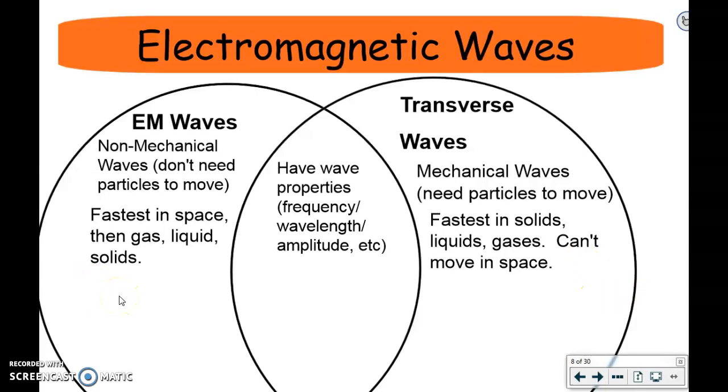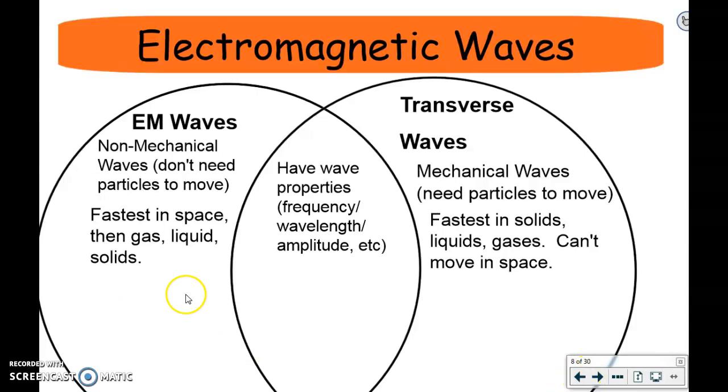However, because EM waves are pure energy and they don't require actual particles, they move the fastest in space. Then they slow down a little bit in a gas, go slower in a liquid, and go the slowest in a solid. That's because now there are particles in the way that can absorb the EM waves, and it slows them down a little bit.